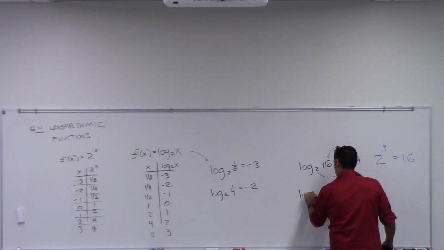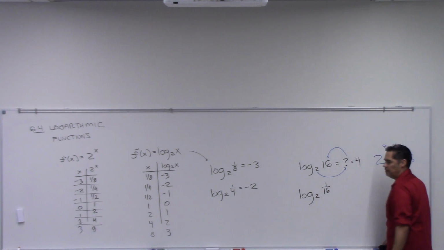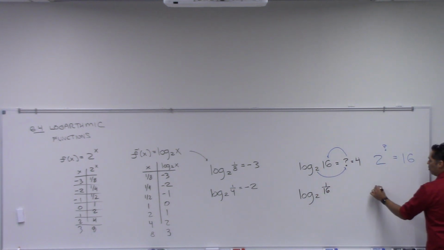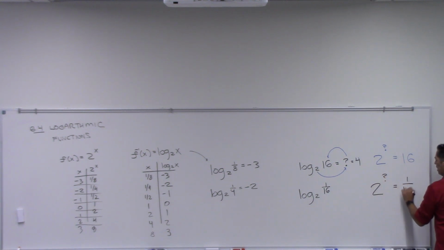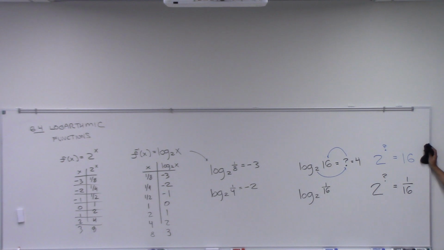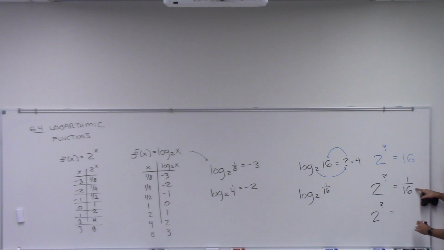What if I do this? What's log base 2 of 1/16? Well, now you need 2 to some power to be equal to 1/16. Yes? -4. So how are you doing that? Over here, 16 is 2 to the 4th.